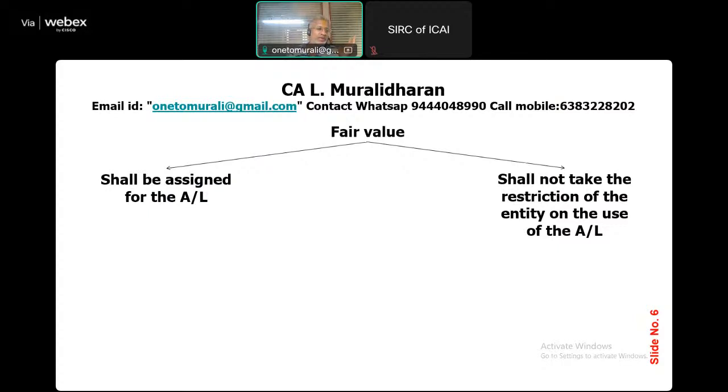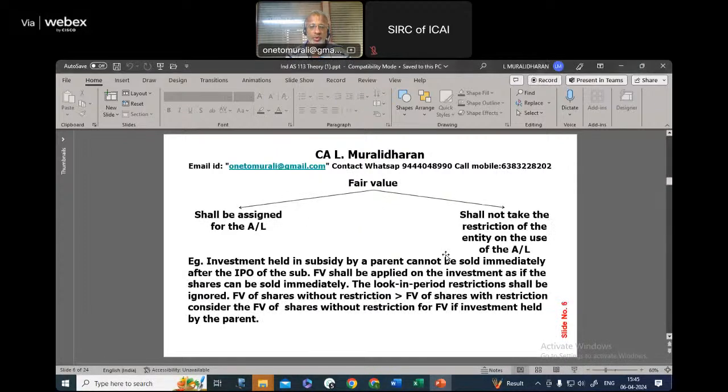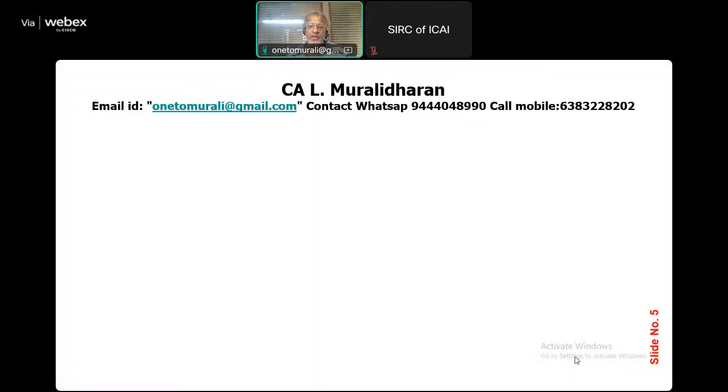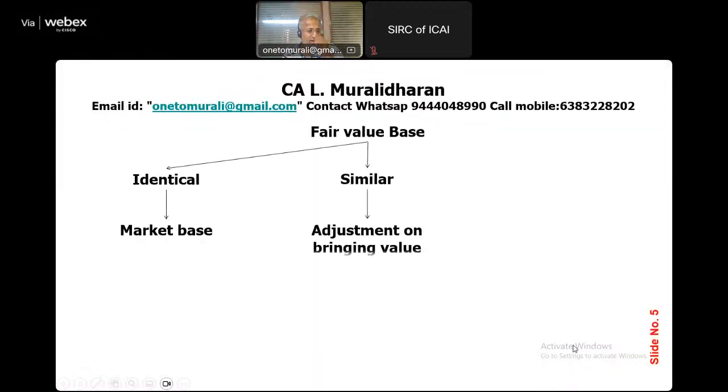help to you. So in case an asset has got some restriction, whether you are expected to use that particular restriction. Say, for example, you find promoter shares cannot be disposed of for some period of time because SEBI is expecting some lock-in period for them.